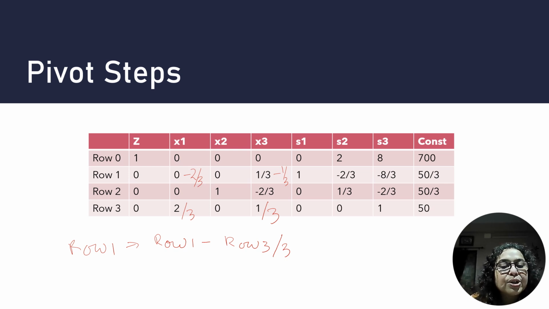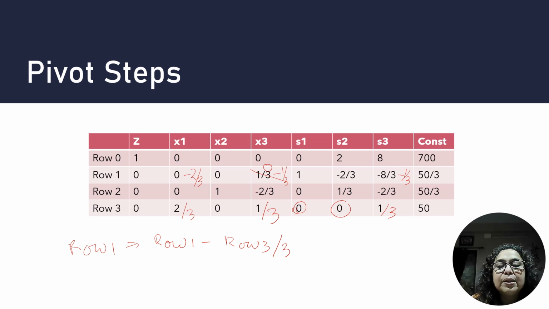Right? There is no change over here. This is already, we have made it 0. There is no change here, no change here, but here there will be a change. So we divide it by 3 and we deduct it from row 1. So this will be minus 1/3. Okay, so that will be minus 9 by 3.